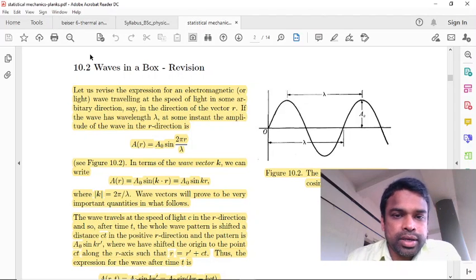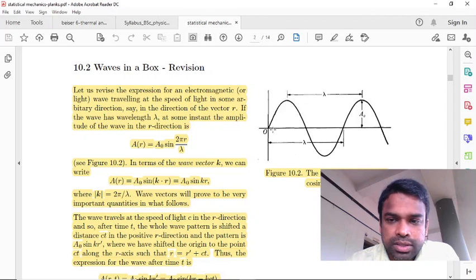Okay, now we are considering the electromagnetic wave traveling at the speed of light in some arbitrary direction, say in the direction of the vector r. This is a sine wave with wavelength lambda and amplitude A0.